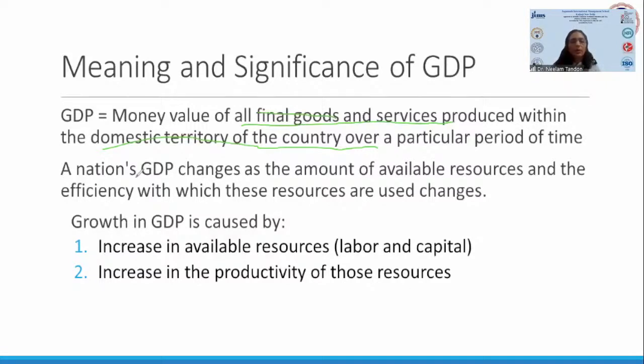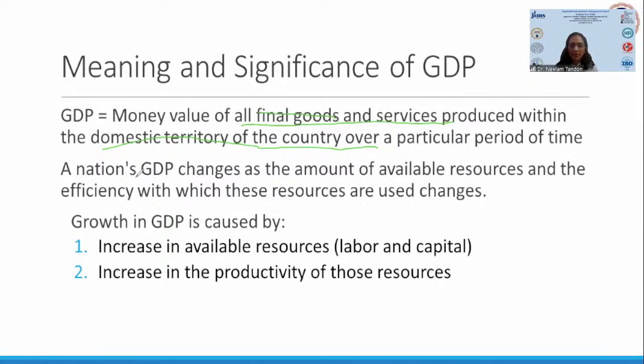Growth in GDP is because of two reasons. Production will increase because of two factors. Either you increase the labor number, one. Number two, productivity. So you can increase labor in terms of quantum, you can increase their productivity, output will increase.